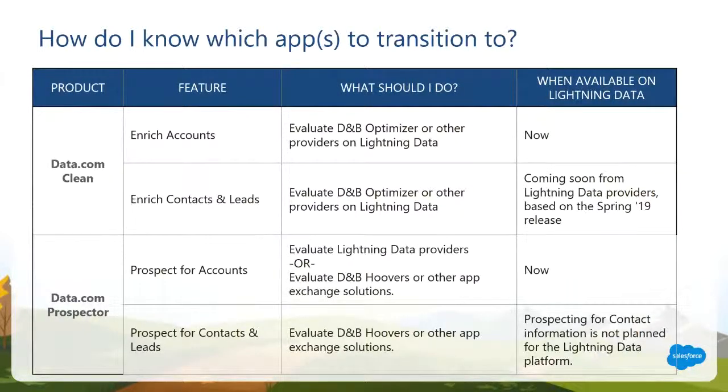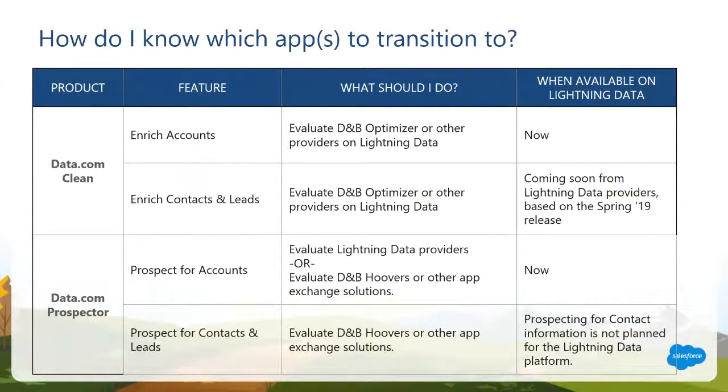And then if your focus is enriching contacts and leads with contact data, that is generally available on the Lightning Data platform as kind of a core platform capability. And Dun & Bradstreet has that live in their package today. And other Lightning Data providers are working hard to do their final configuration to do that contact and lead enrichment shortly.